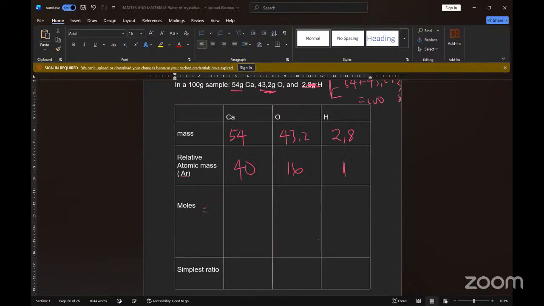So the number of moles is mass over molar mass, you remember, or relative atomic mass, depending on whether you are dealing with a compound or just an element or an atom in an element. So here we are going to divide our mass: 54 divided by 40. This one is going to be 43.2 divided by 16. And then this is going to be 2.8 divided by 1.